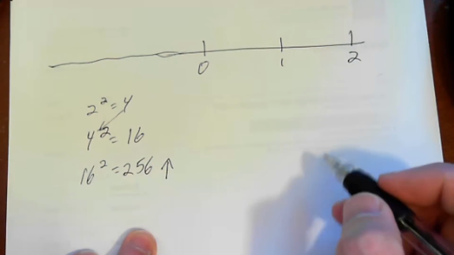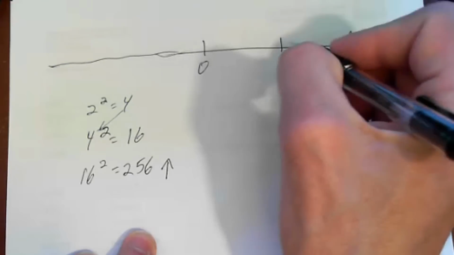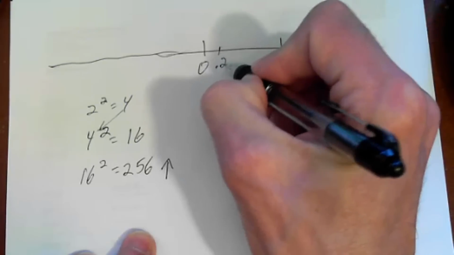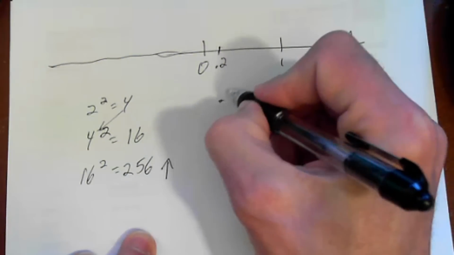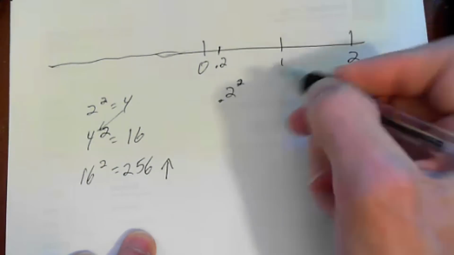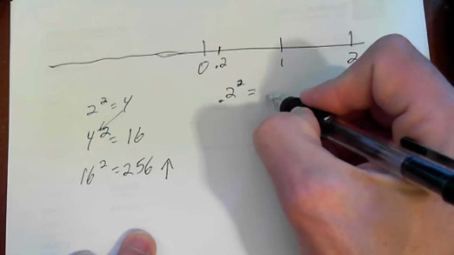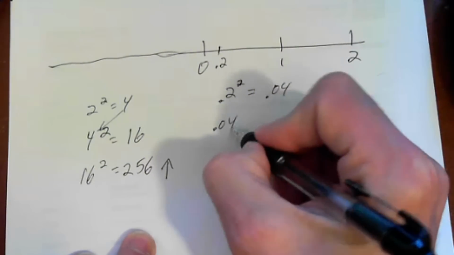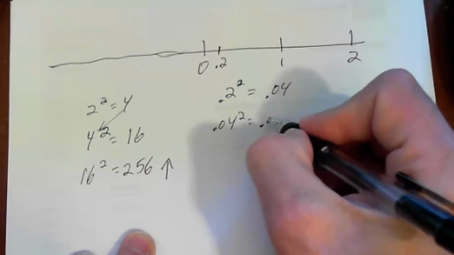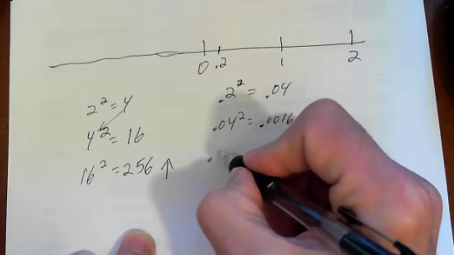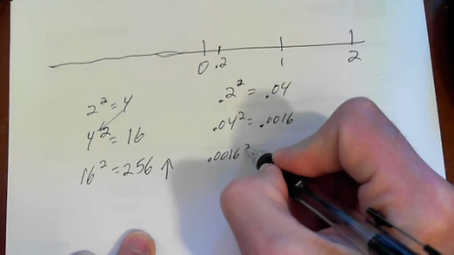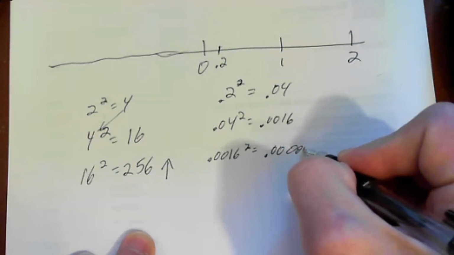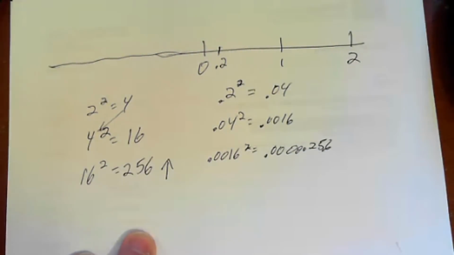If I take a small number though, say 0.2, and square that, it doesn't get larger, it gets smaller. So 0.2 squared is 0.04. 0.04 squared is 0.0016, and 0.0016 squared is 0.0, I don't know, a bunch of zeros, 256.